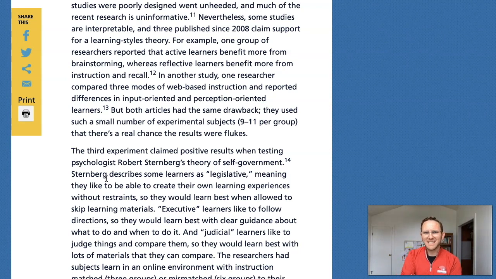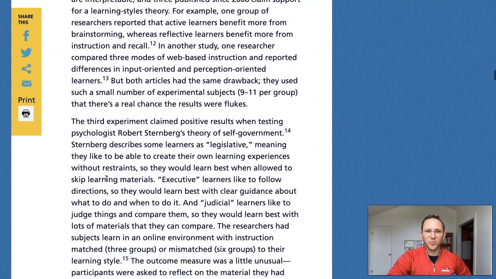But both articles had the same drawback. They used such a small number of experimental subjects, 9 to 11 subjects per group, that there's a real chance the results were flukes. So again, he's getting here at the experimental design. You have such a small group that you're studying, you can't necessarily make huge claims based on the results.